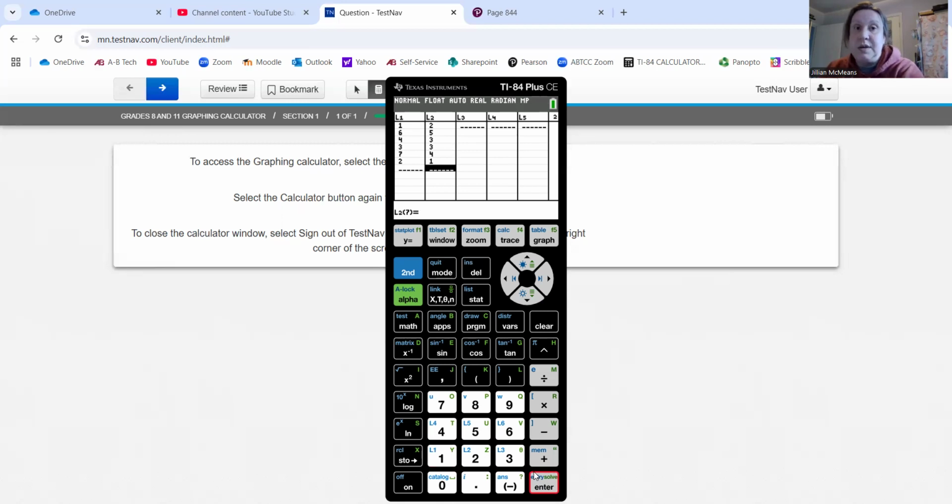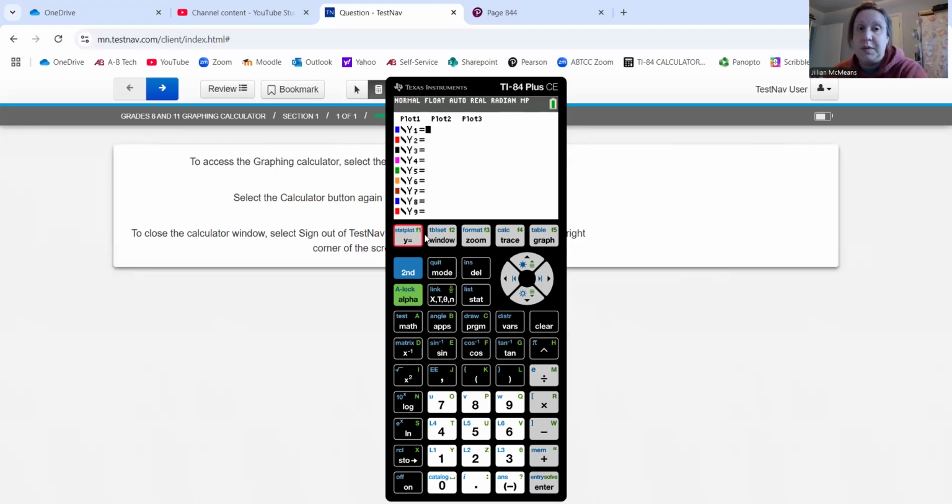Now the big issue is, how do I look at the data? I want the scatter plot. Luckily, with a little bit of work, your calculator will create a scatter plot. The first thing I want you to do is go to the Y equals button. Up here you have plot 1, plot 2, plot 3. Notice they're not highlighted on my calculator.